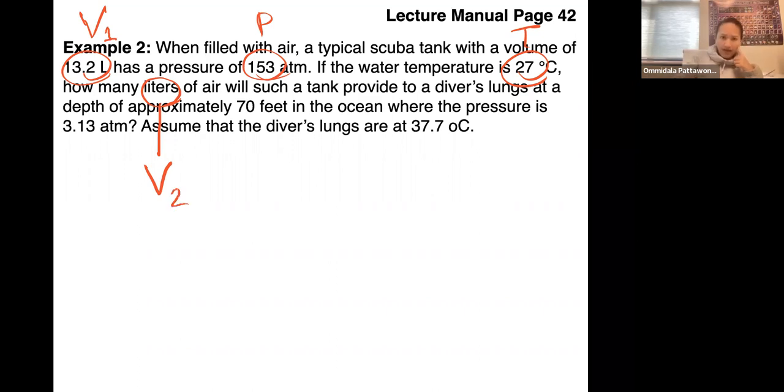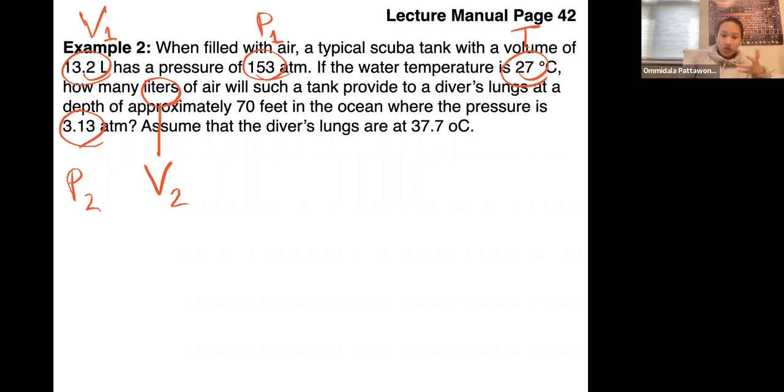It's asking how much volume of air the tank will provide to a diver's lung at a depth of 70 feet in the ocean, where the pressure is given. So that is the pressure. We also have two pressures, so this is 1 and this is 2. Therefore, we have two conditions.